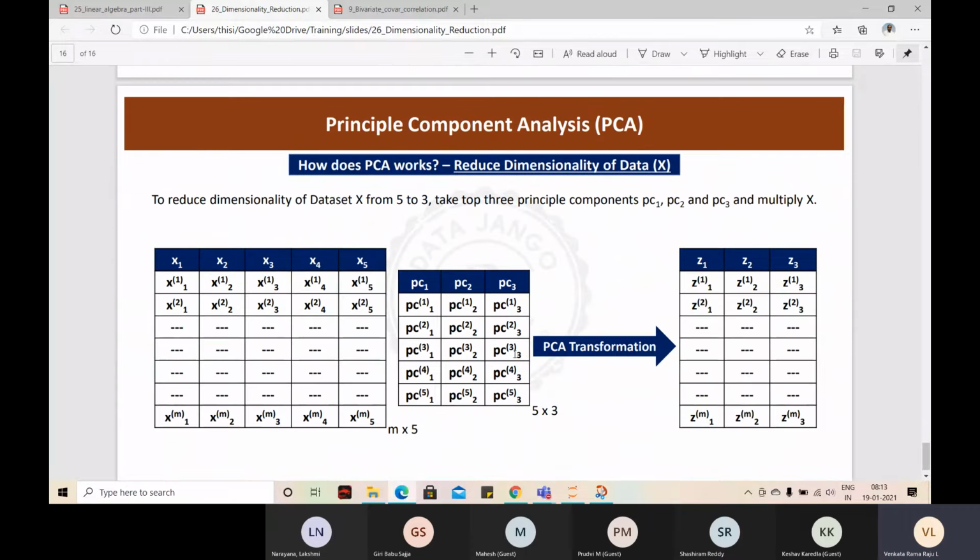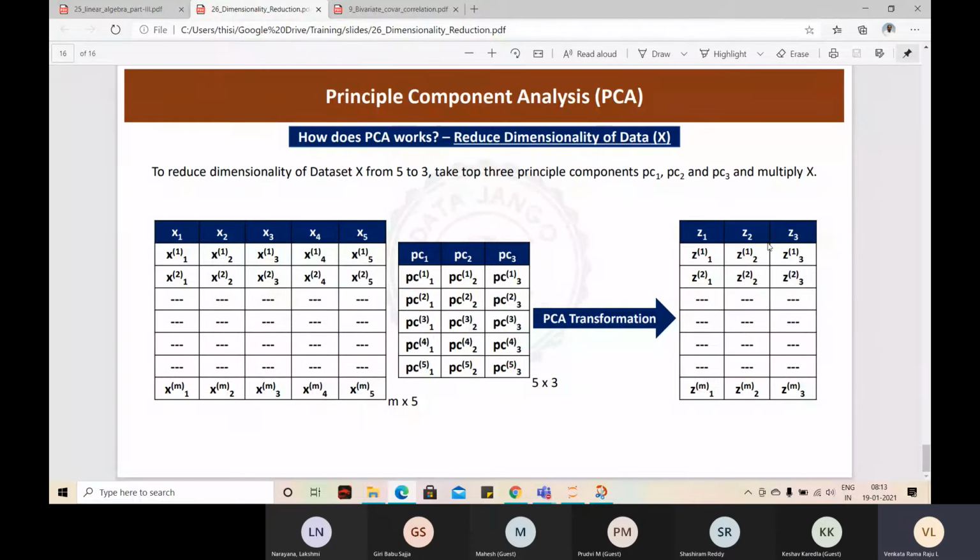A shift and rotate operation I did here, and then I got the transformed data. This is the most essence, the most covariance extracted from my original data, Z1, Z2, Z3. So this is the ultimate sugarcane juice. You cannot figure out how much you got from X1, how much from X2, how much from X3.